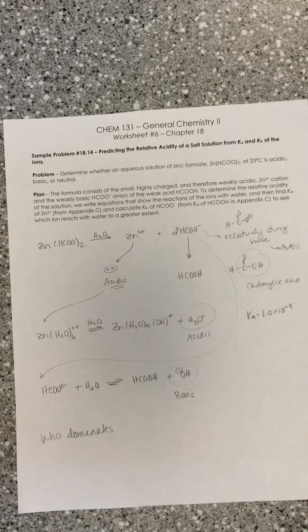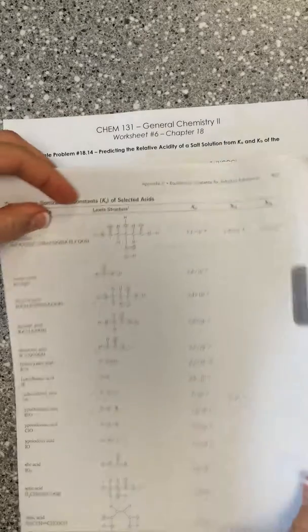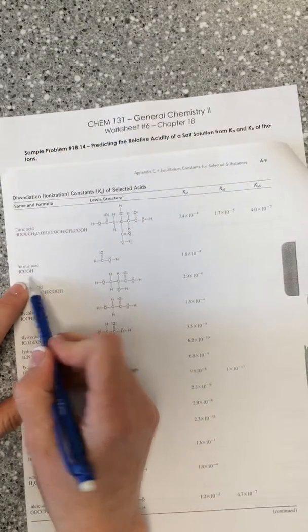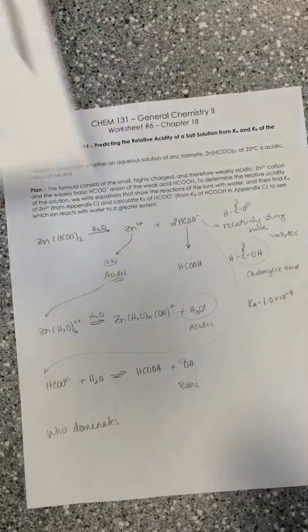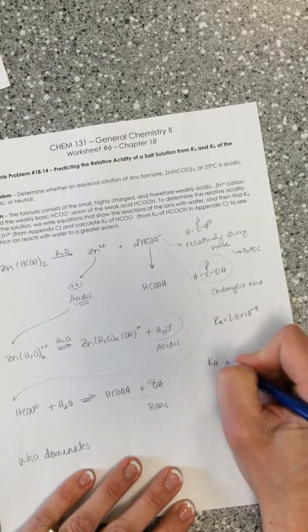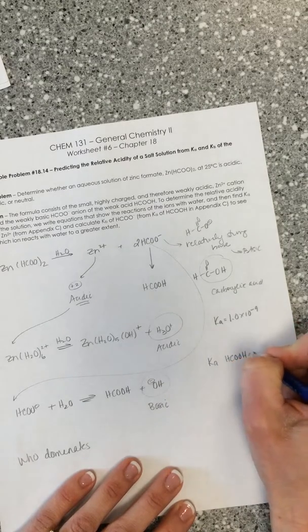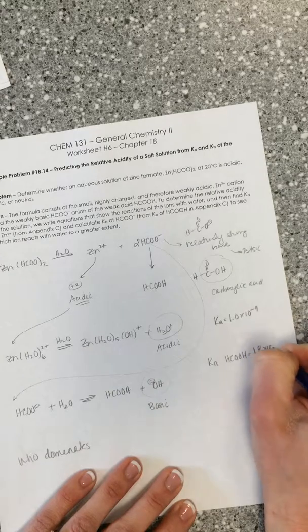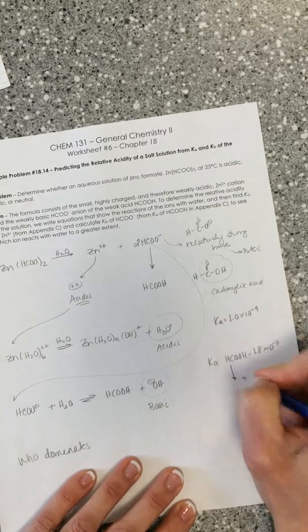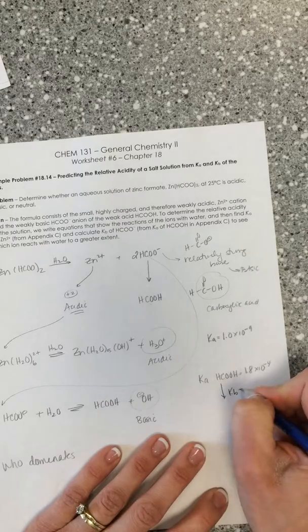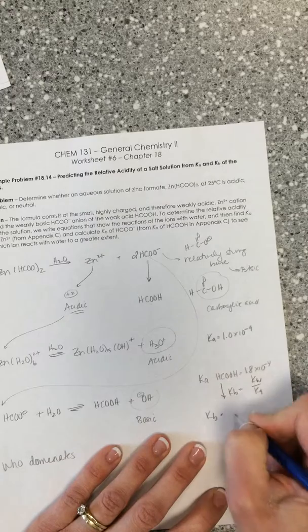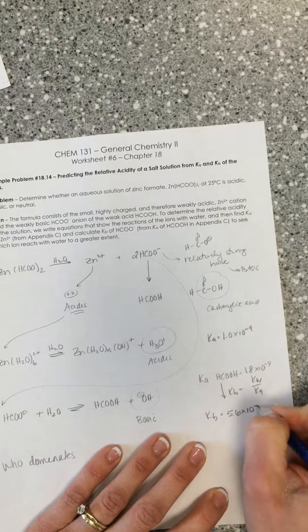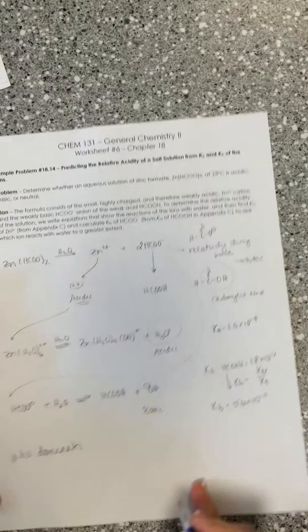What I have to do is realize I can look up formic acid. Formic acid has a Ka of 1.8 times 10 to the minus 4. Remember, we can use the relationship that Kb is equal to Kw over Ka to get Kb equal to 5.6 times 10 to the minus 11th.